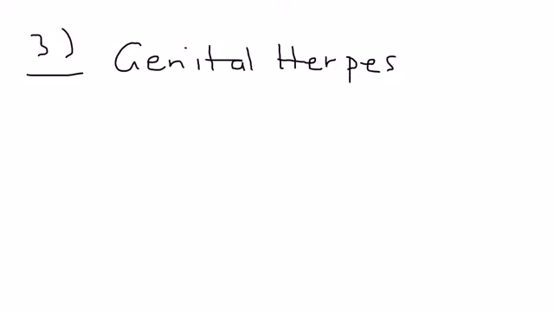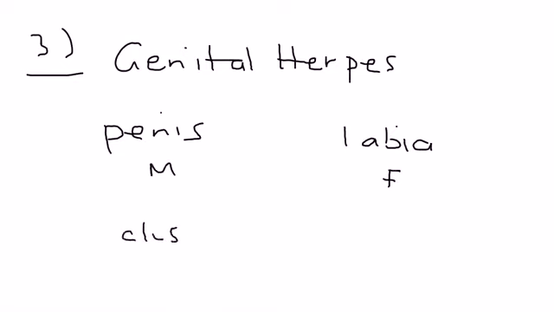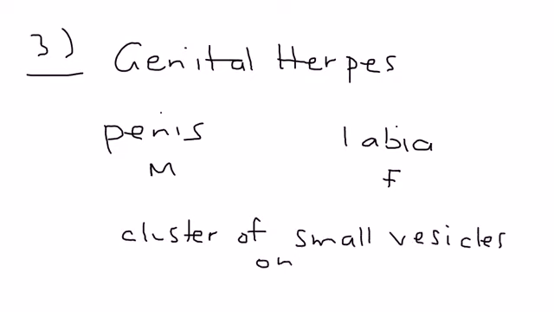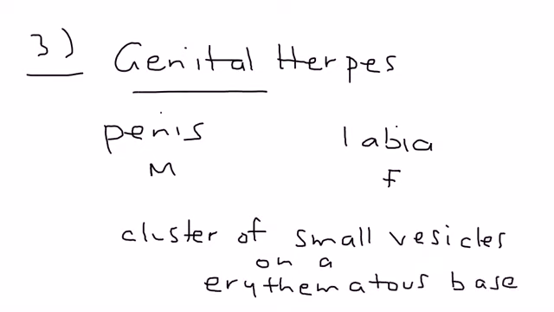Basically, on either the penis in a man or the labia in a female, you have the very similar cluster of small vesicles on an erythematous base. Very similar to the previous description, but this time it's appearing in the genital area.